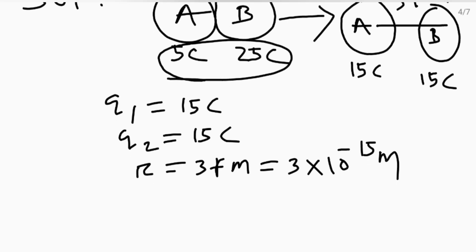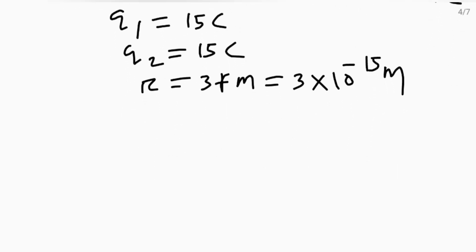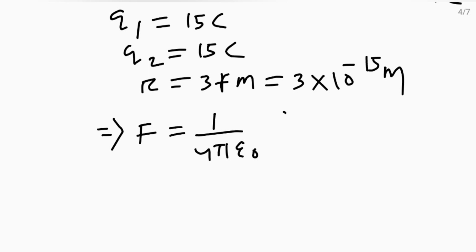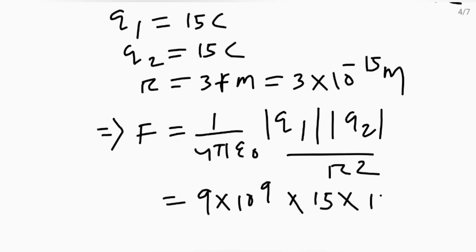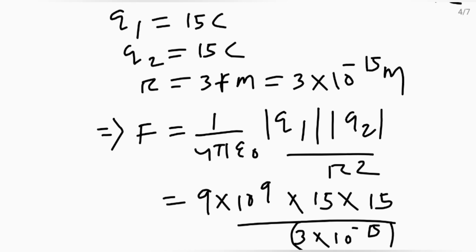So now we can easily calculate the electrostatic force between them. We know the formula, F equals 1 by 4 pi epsilon 0 times modulus Q1 times modulus Q2 by R square, and we know the value of 1 by 4 pi epsilon 0 is 9 into 10 to the power 9. Q1 is 15 coulomb, Q2 is 15 coulomb, R is 3 into 10 to the power minus 15 whole square.